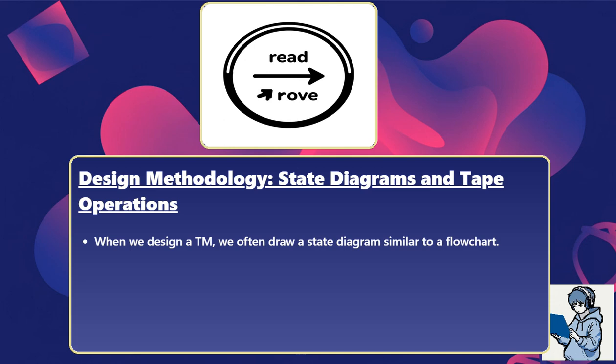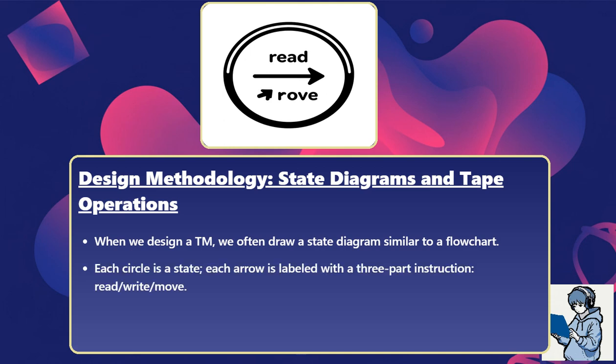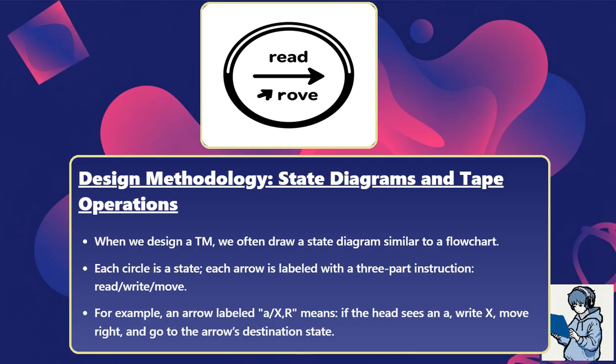When we design a TM, we often draw a state diagram similar to a flowchart. Each circle is a state, each arrow is labeled with a three-part instruction: read/write/move. For example, an arrow labeled a/X, R means: if the head sees an a, write X, move right, and go to the arrow's destination state.